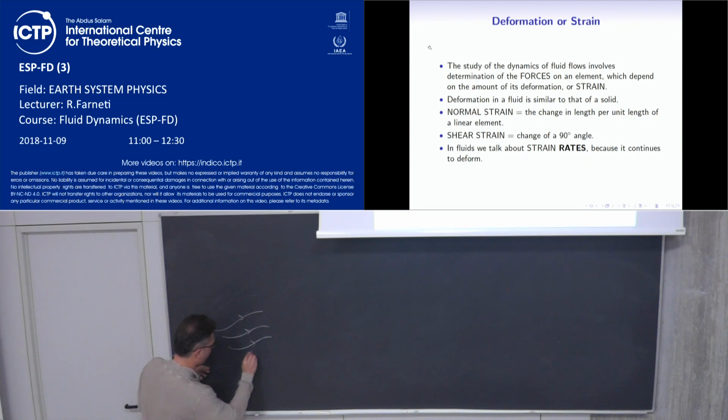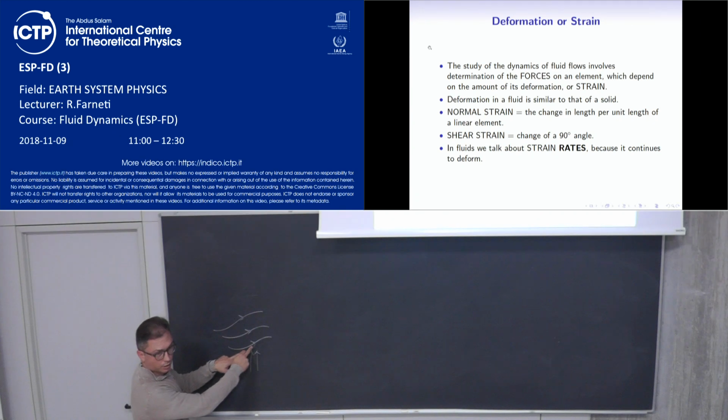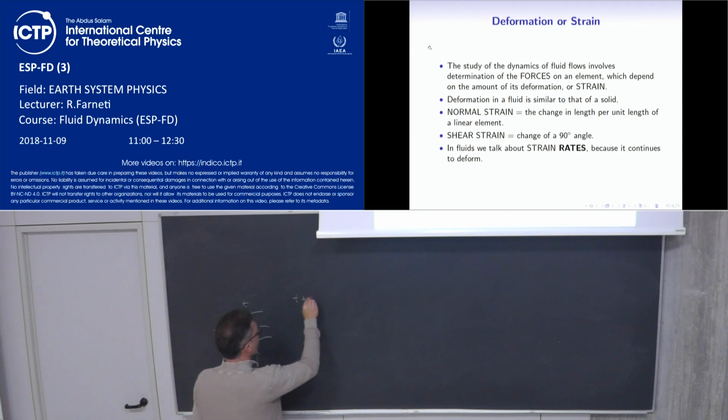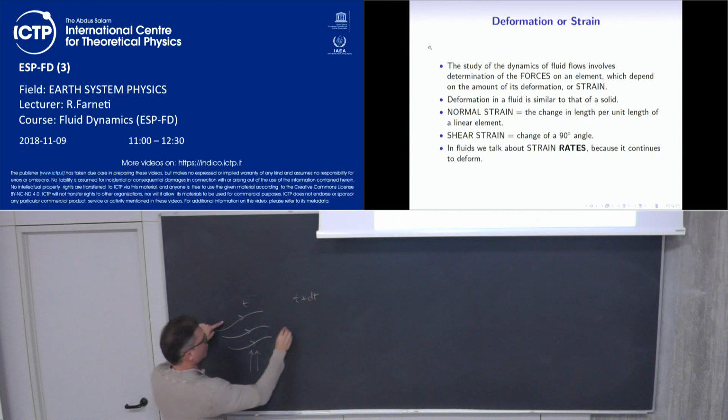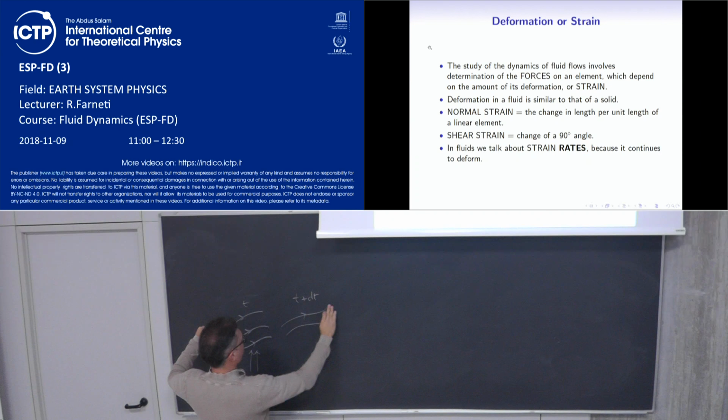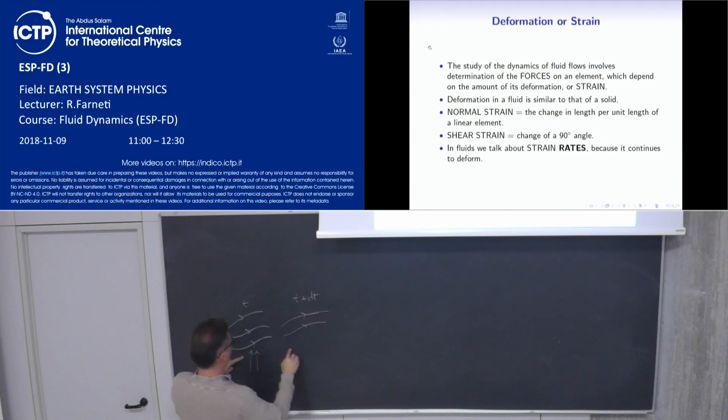Then there is another fluid coming from here, and it changes the direction of the fluid. Don't worry about mixing yet. So at time t plus dt, maybe this streamline is the same, second streamline is also the same, this streamline is now like this, deformed by injection of some other fluid.